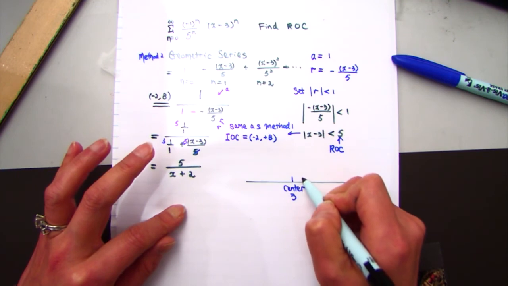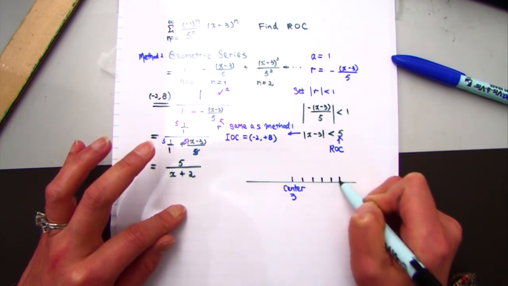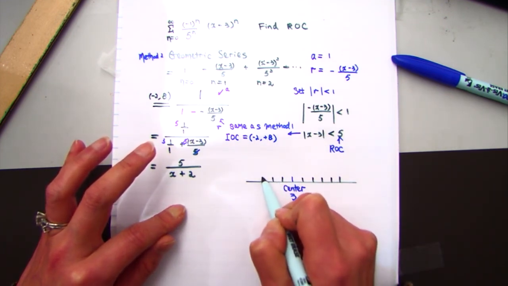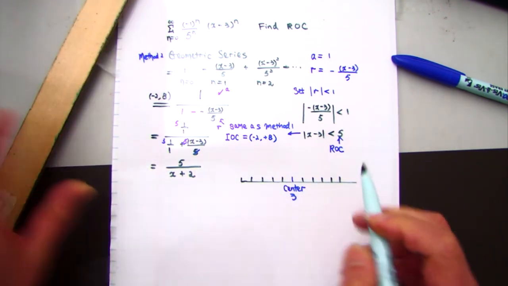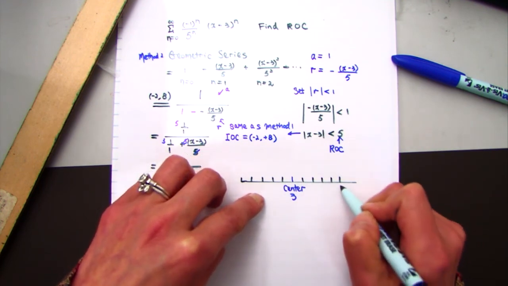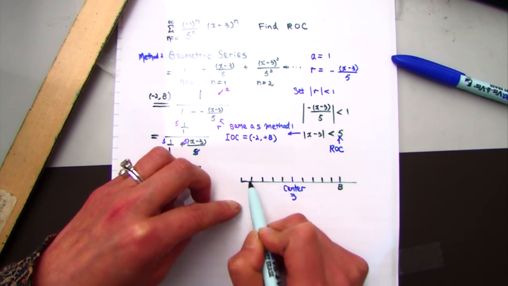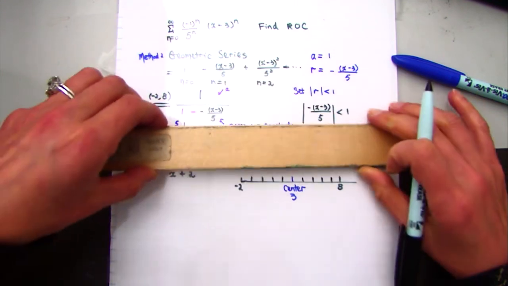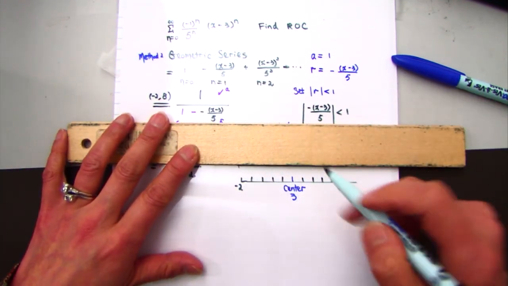So we go 5, okay, and the 5. Okay, so and this is 3, 4, 5, 6, 7, 8. And this is 2, 1, 0, negative 1, negative 2. Okay. And that's 5 each way from center.